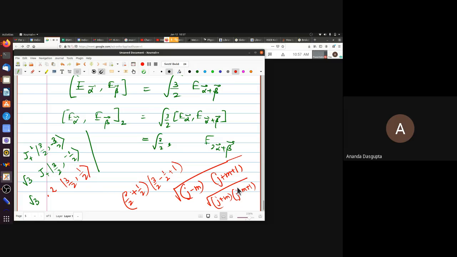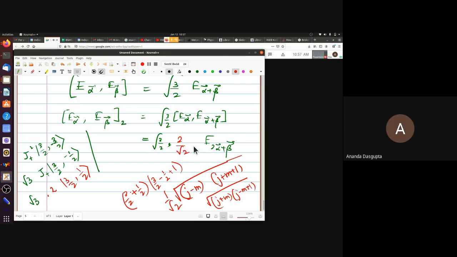Okay, so as I was saying, these factors that I wrote down, root of (j minus m)(j plus m plus 1), they come with an extra 1 by root 2 in our application right now. So just root 2.